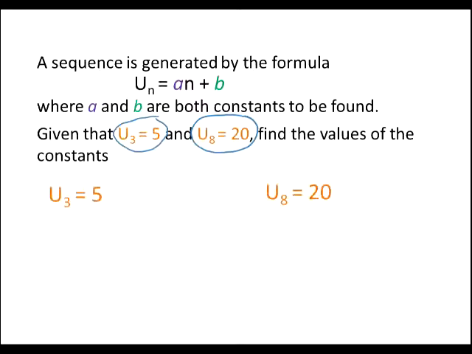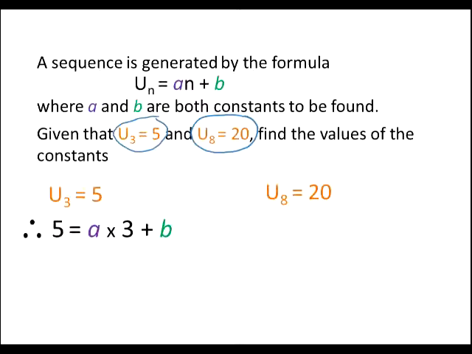So we know U3 is 5, so the third term along is 5. We know the 8th term along is 20. Using the formula at the top, UN, the 3rd term is when n is 3.